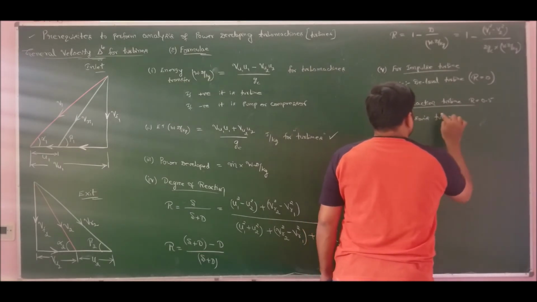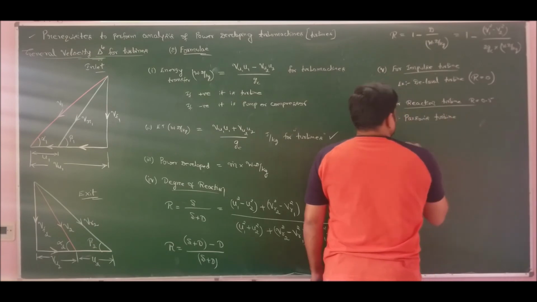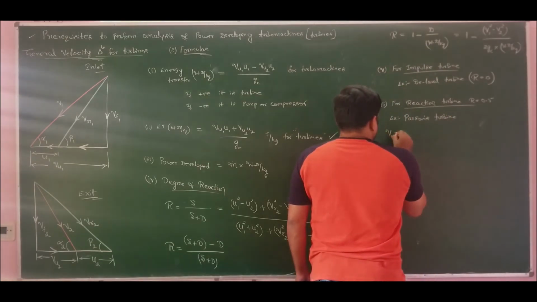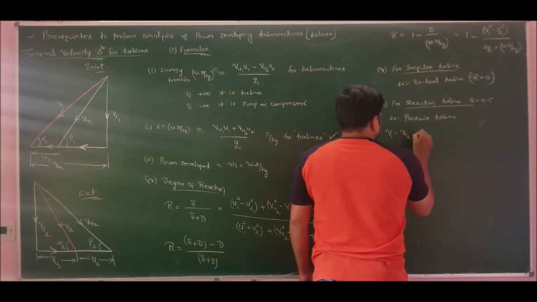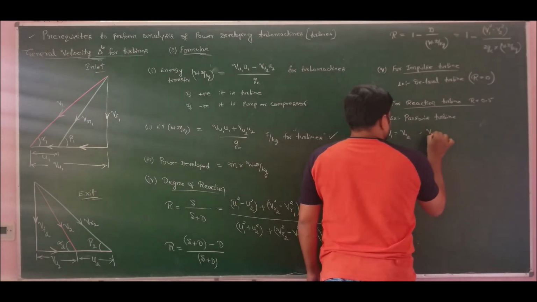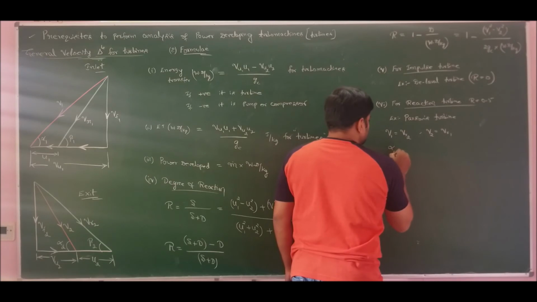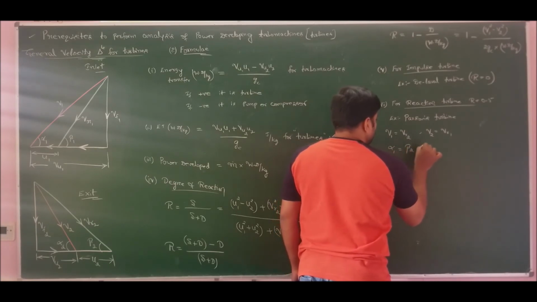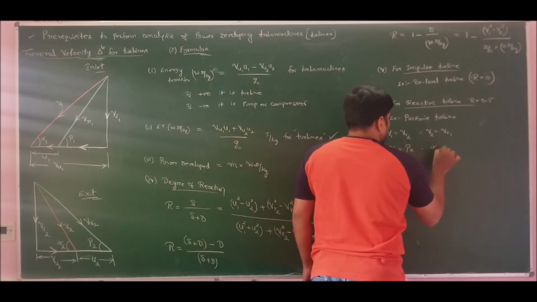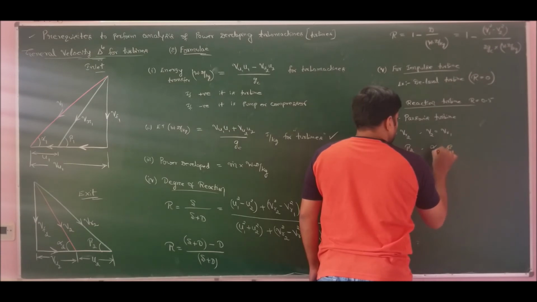The Parsons steam turbine is a very good example for R is equal to 50%. We should use the condition V1 is equal to VR2, V2 is equal to VR1, which in turn gives us alpha 1 is equal to beta 2 and alpha 2 is equal to beta 1.